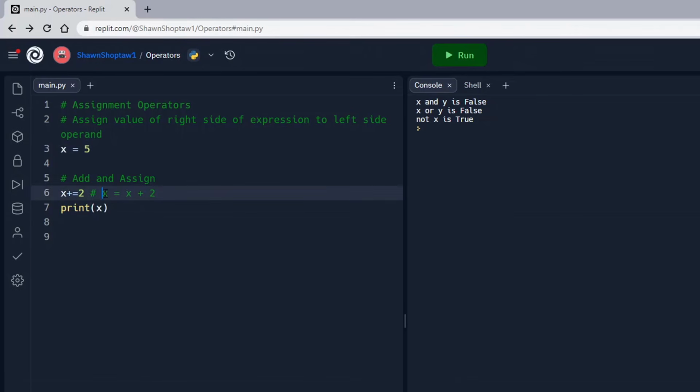So it's going to assign x, a variable x, to equal whatever x plus 2 is. So when we run that, we get 7, because 5 plus 2 is 7, and then it assigns it to x. So now x equals 7.